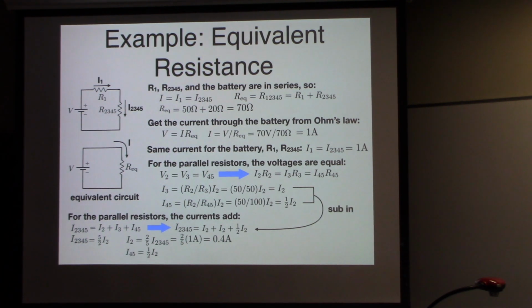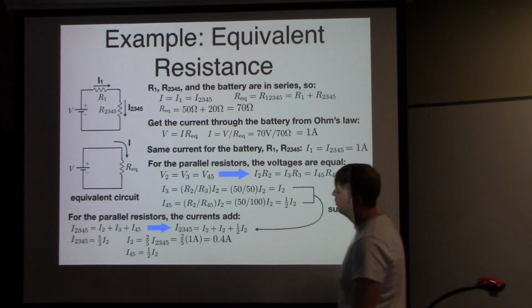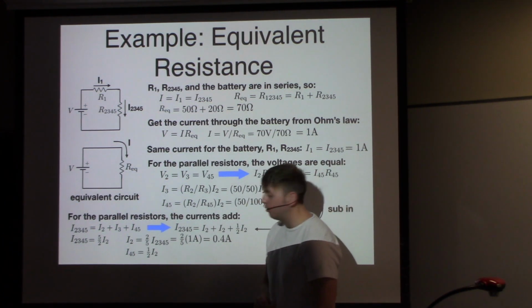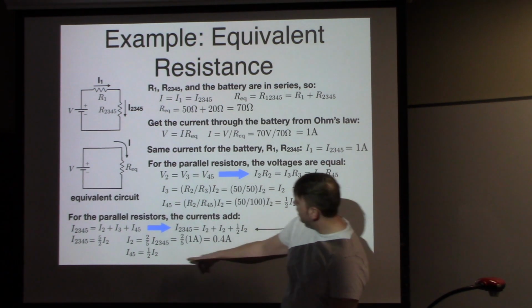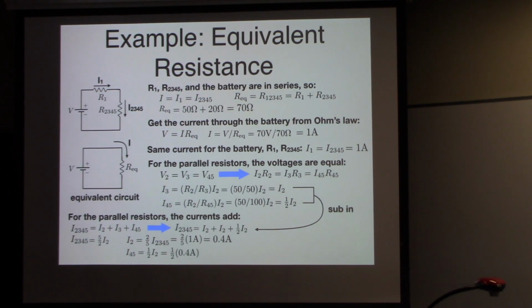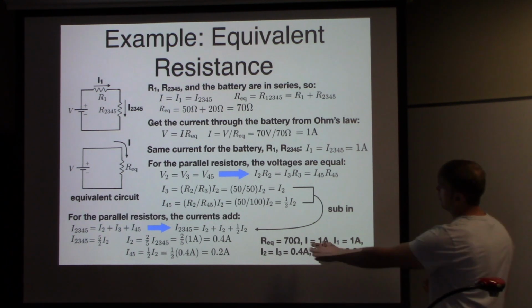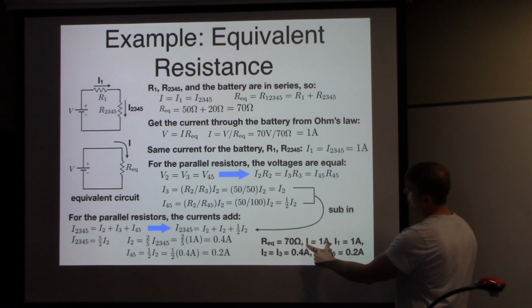Now let's look at I45. Okay, what's the current through resistors 4 and 5? Well, we already said up here it's a half of I2, so if I2 is 0.4, this is going to be a half of 0.4, or 0.2 amps. And that actually solves the entire circuit because, okay, equivalent resistance of 70 ohms, current flowing through the battery is 1 amp.